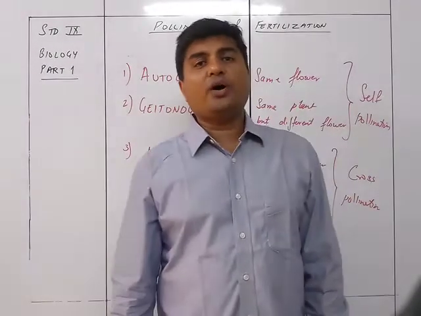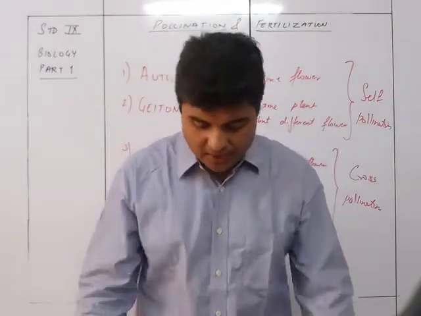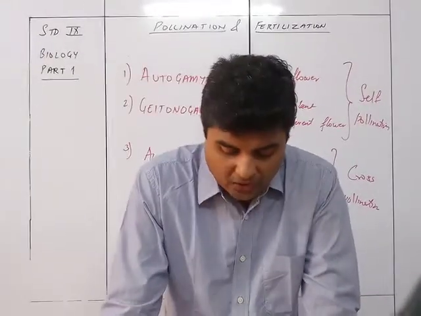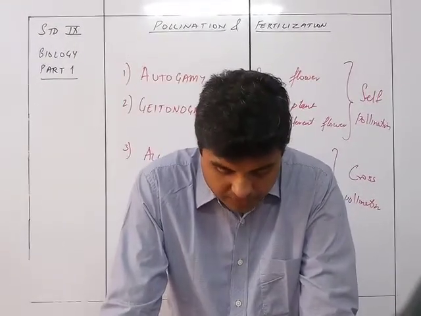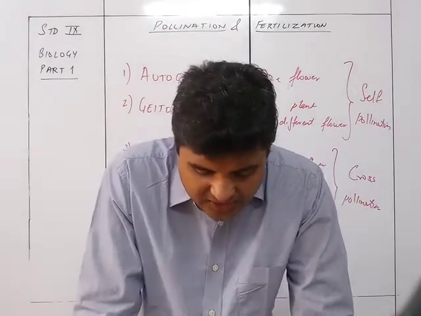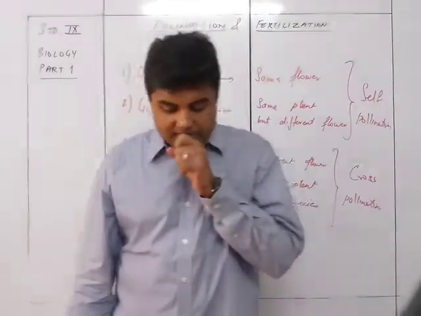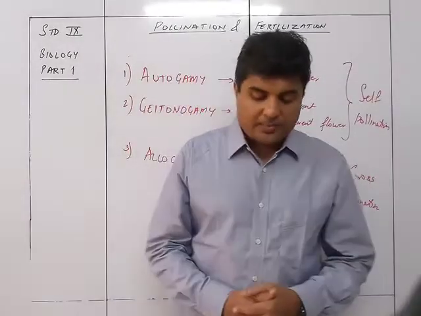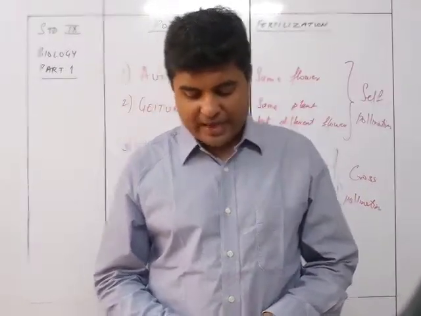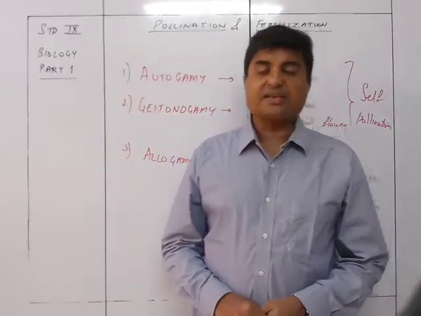Such a flower, which shows exposed reproductive structures, is called a chasmogamous flower. Such flowers require external pollinating agents, and therefore they undergo mainly cross-pollination. Examples are oxalis, hibiscus, etc.